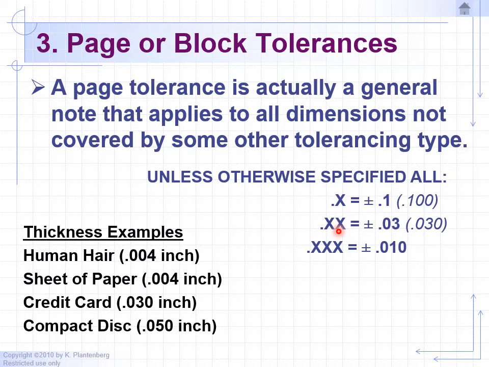If you need more accuracy, like the diameter of a hole, for example, then you can go with 3 decimal places. And you can say 1.000, and that'll tell the machine shop that they can be off by plus or minus 0.10 thousandths, which is about 2 human hairs in each direction.